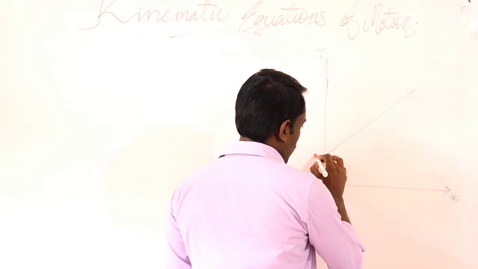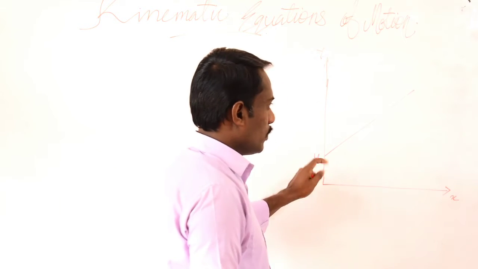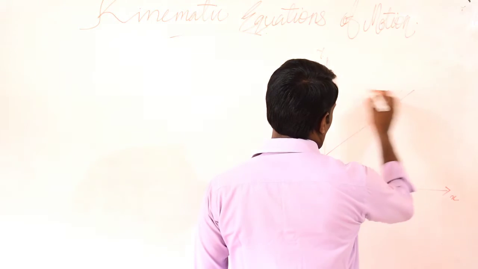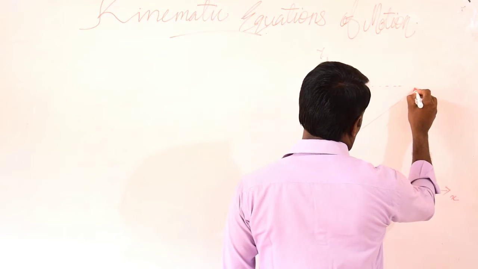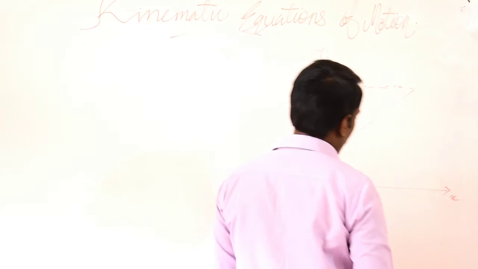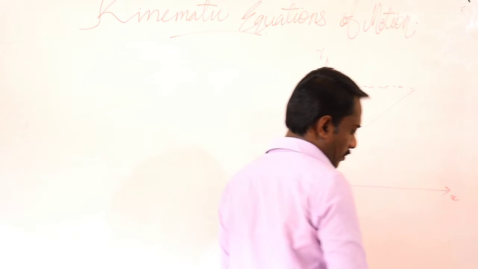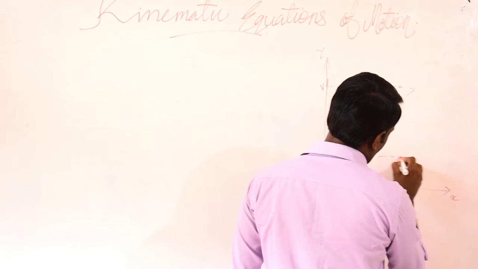The initial velocity of the object is u, and this is the final velocity of the object v, at a time t.